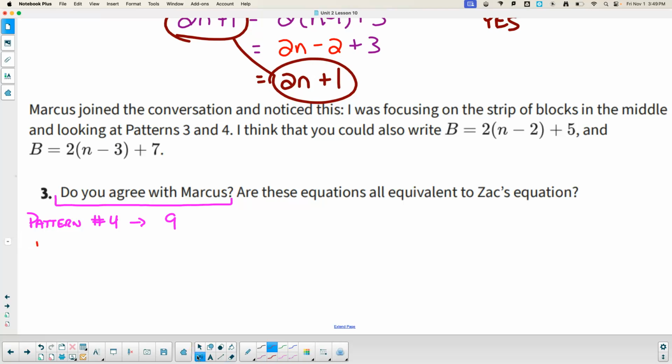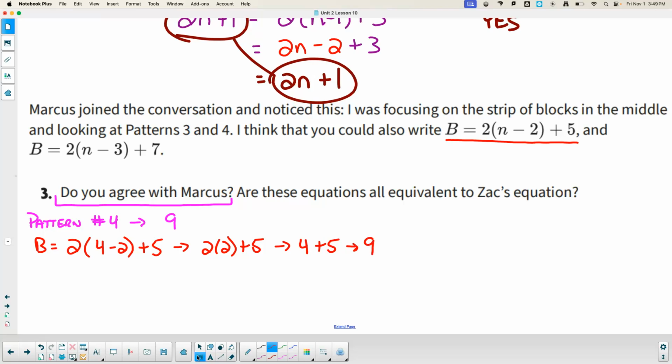Okay? So if I go B equals 2 times the pattern number, which is 4, minus 2 plus 5. So I'm plugging pattern number 4 into that equation. 4 minus 2 is 2. 2 times 2 is 4. 4 plus 5 is 9.